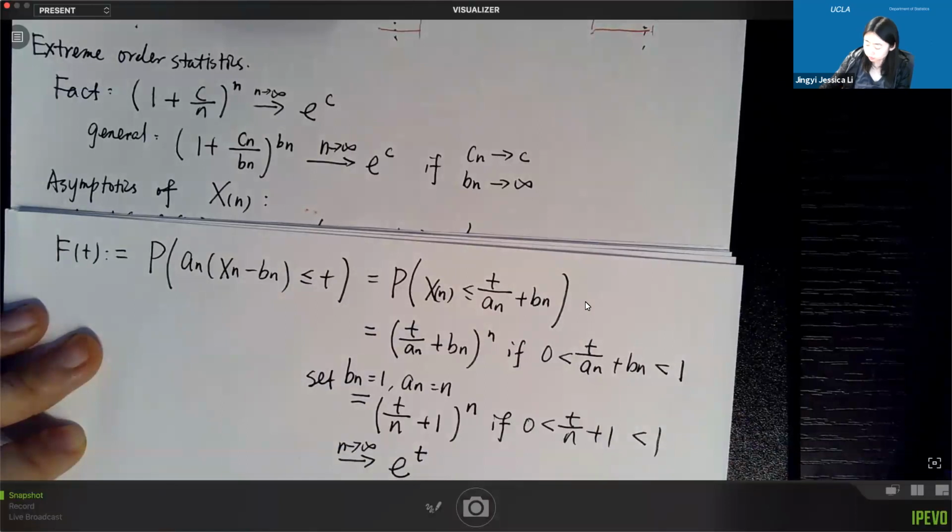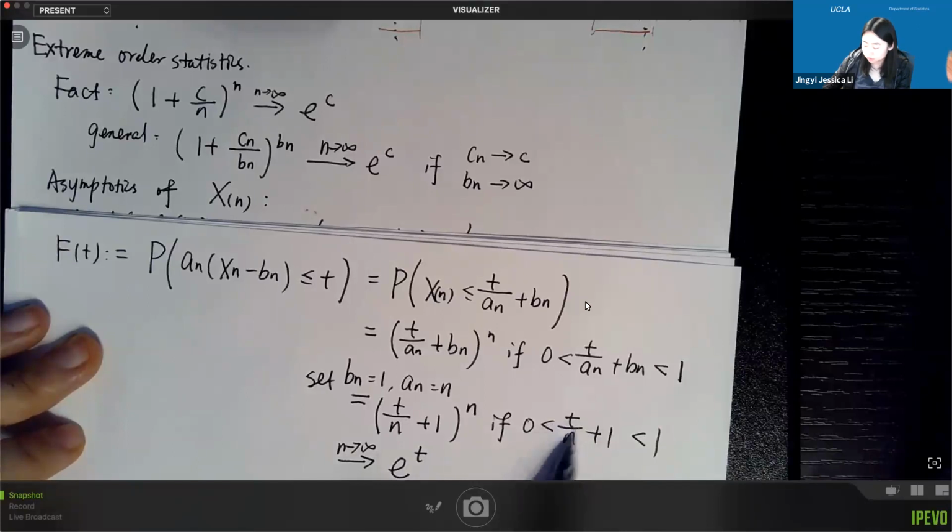Okay? And how can I make sure this term is between 0 and 1? I have some issue here, actually. So you see that here is that n is this 1, right? So as long as this term is positive, it will not be guaranteed.